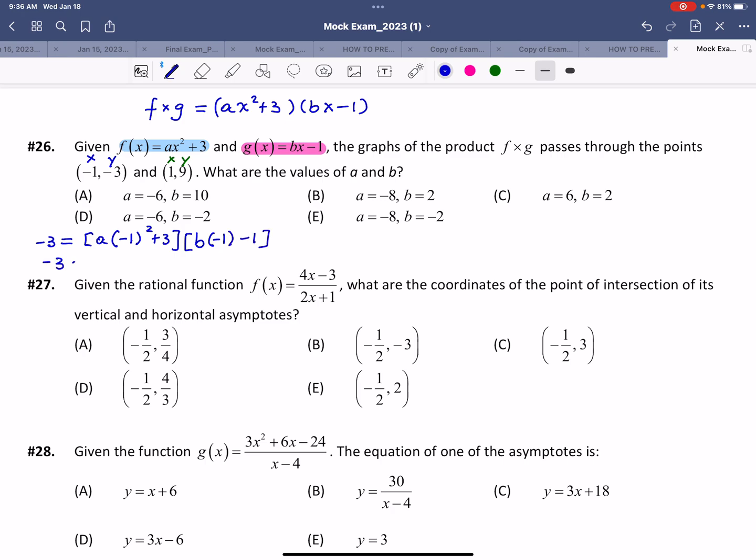We have negative 3 equals negative 1 squared is positive 1, so we have a plus 3, and then multiplied by negative b minus 1. I would leave this equation in factored form, because I noticed that the other point will have the x coordinate equal to 1, so most likely we'll get something similar on the right side of the equation. And I will call this equation number 1.